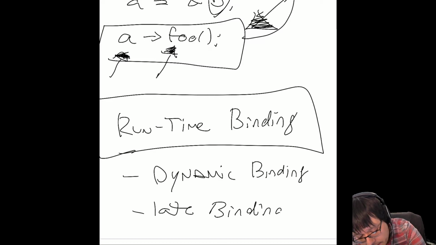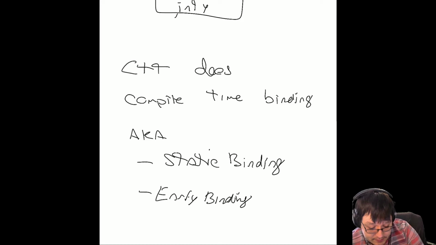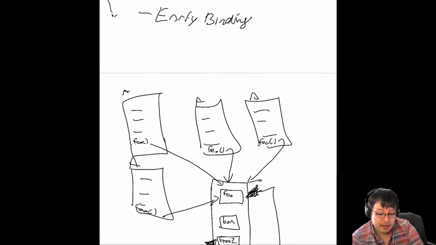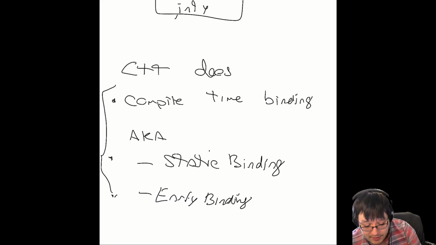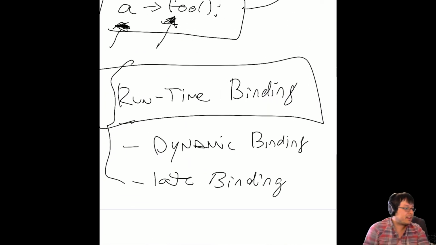All three mean the same thing, just like static binding, early binding, and compile time binding all mean the same thing. They're just different names. Compile time and runtime, static binding and dynamic binding, and early binding versus late binding all sort of match. It's kind of like saying parent-child, superclass and derived class, or base class and derived class. Just different names for the same thing.